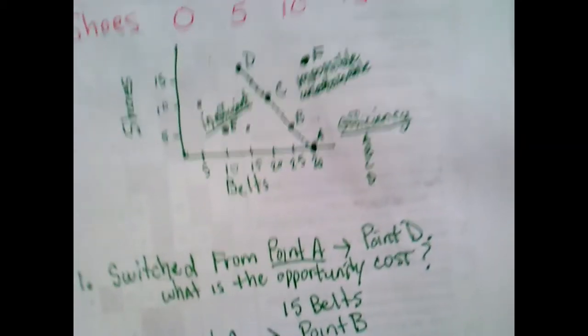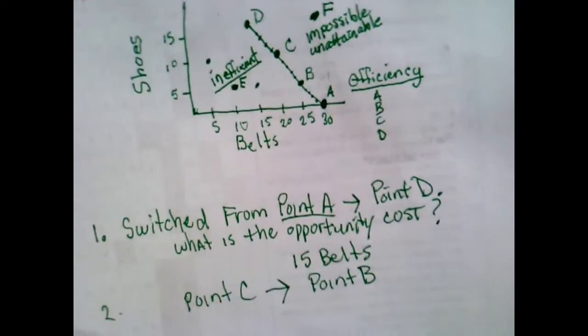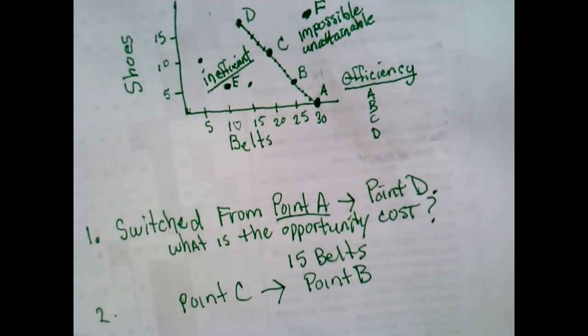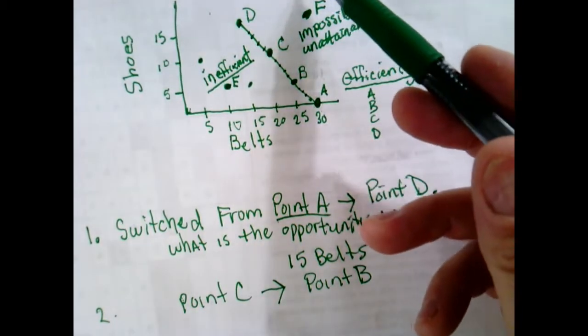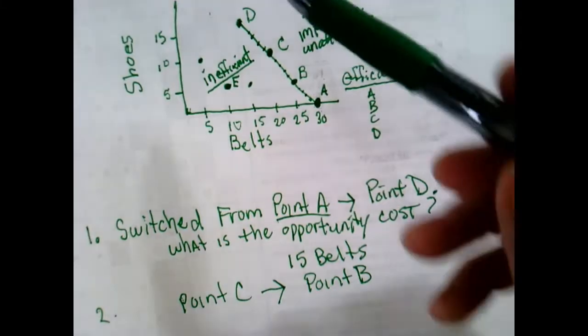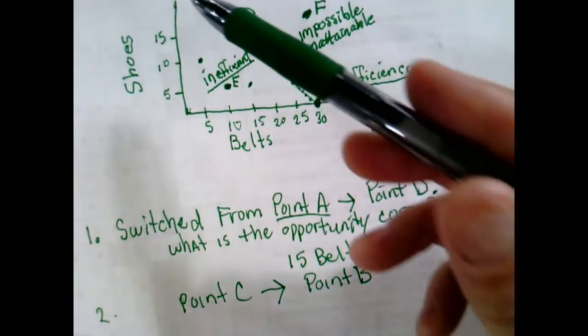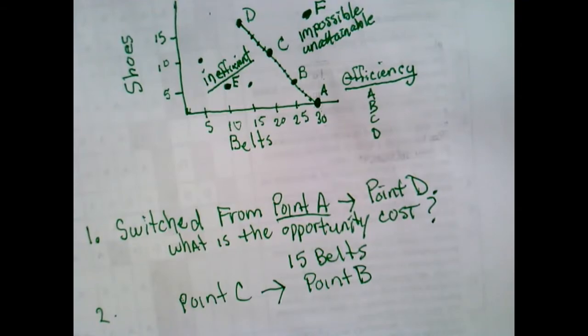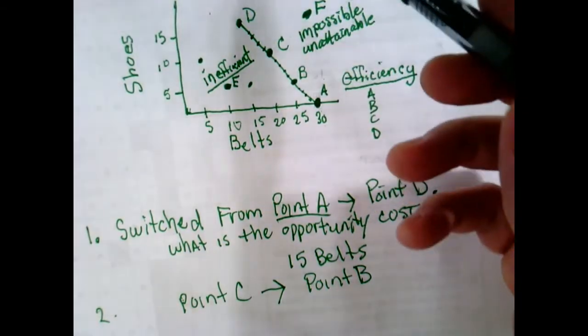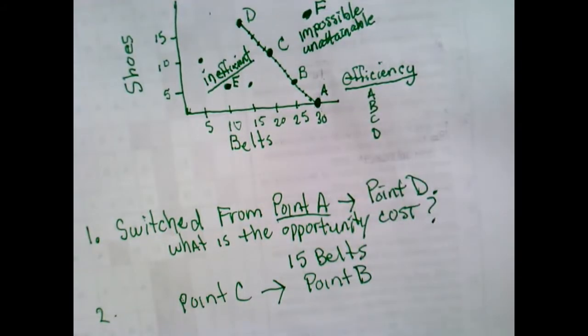Let me pull this up a little bit so we can see. All right, so at point C, they were producing 20 belts and 10 shoes. At point B, they are producing 30 belts and 0 shoes. So they're able to produce more belts. But what did they have to give up of the other item, right? So going from point C to point B.